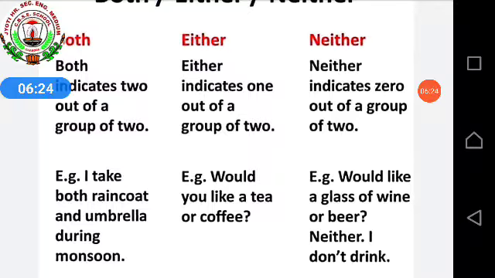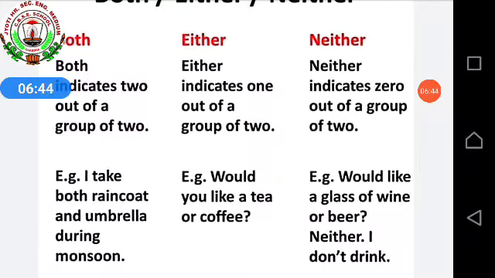Neither. I don't drink. If somebody asks you, would you like to have tea or coffee? Your answer will be neither. I don't drink. That means you neither drink coffee nor tea. In the same way, you neither drink a glass of water nor a glass of wine or beer.